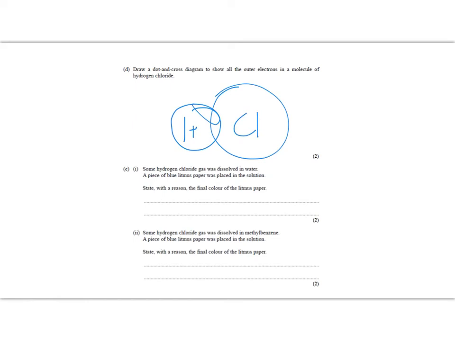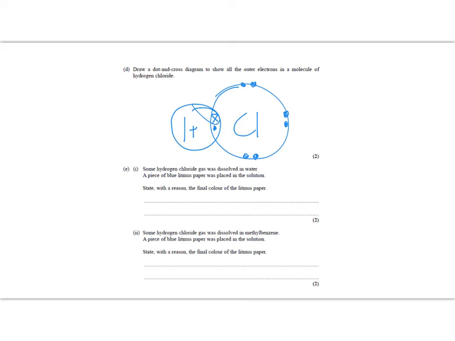Chlorine's in group 7, so it only needed to gain 1 electron, so there's the cross and there's the dot, and here's my other electrons there from the chlorine. So you can see we've got 7 electrons originally from the chlorine, and there's my 1 electron which originally came from the hydrogen.